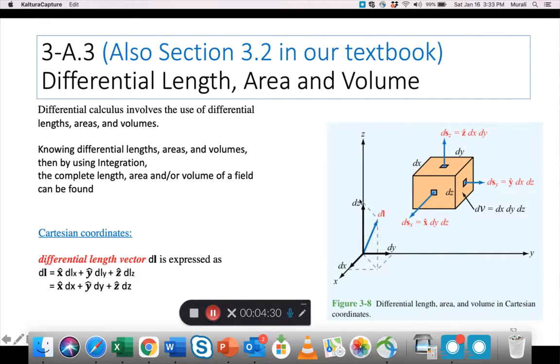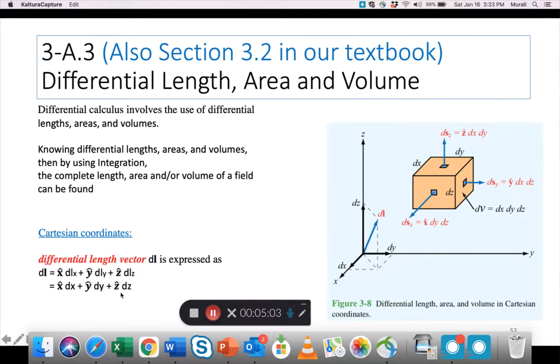So if we have a huge vector field here in 3 dimensions, by defining at various locations these small quantities, finding these areas and volumes, and then applying suitable limits, we can measure the complete shape of any kind of vector field. So that's the goal. That's why we start with differential and then we start applying integration.